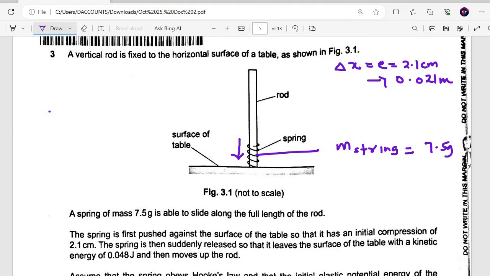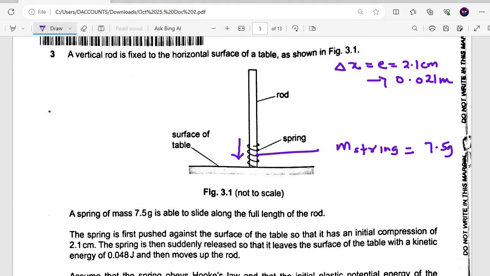You know, when you compress the spring down with your hand, you are storing energy in the spring. Energy is being stored when you compress. When you stretch a spring, you're also storing energy, because when you release, the spring will go back to where it came from. The spring is then suddenly released so that it leaves the surface.